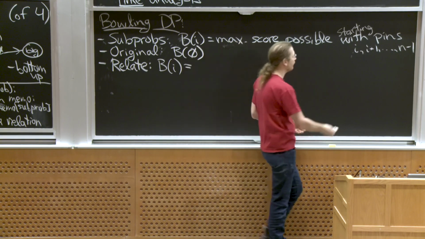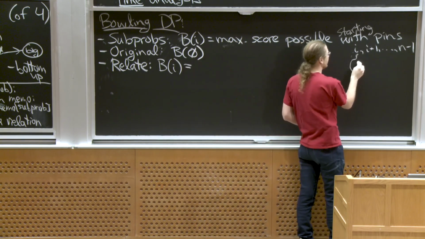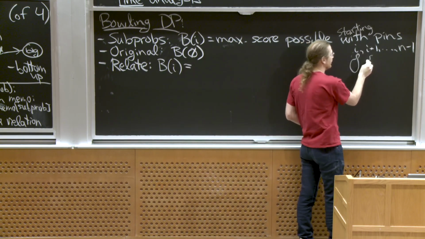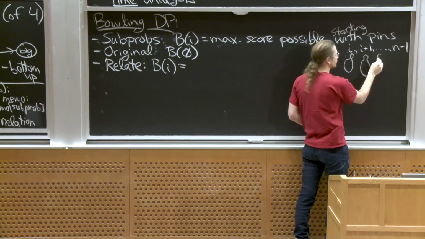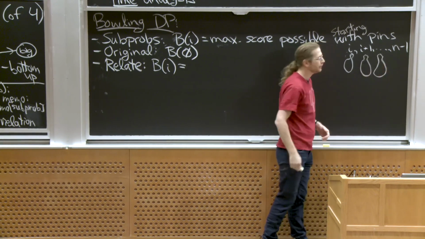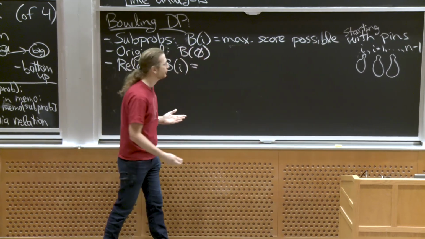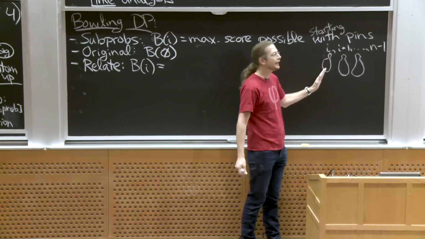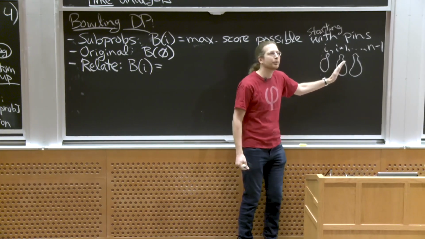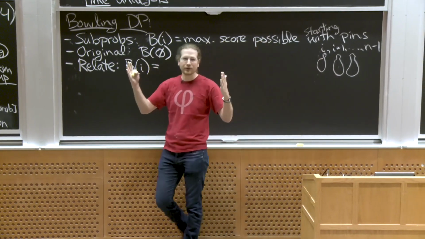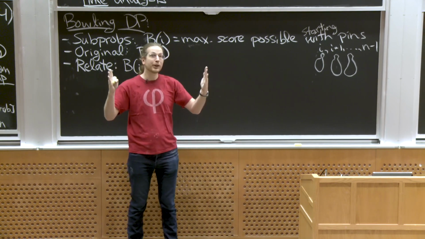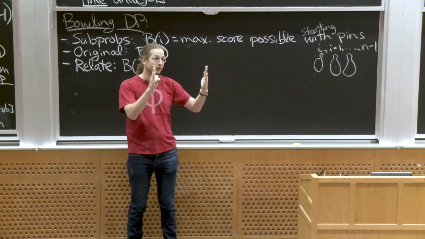So we have pin I here, and then the remaining pins. And the big idea here is the nice thing about suffixes: if I take off something from the beginning, I still have a suffix. Remember, my goal is to take this subproblem, which is the suffix starting at I, and reduce it to a smaller subproblem, which means a smaller suffix.